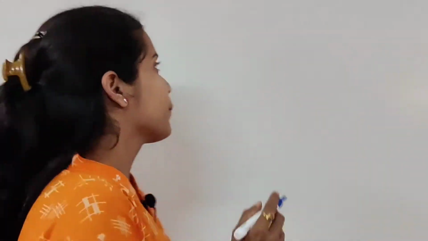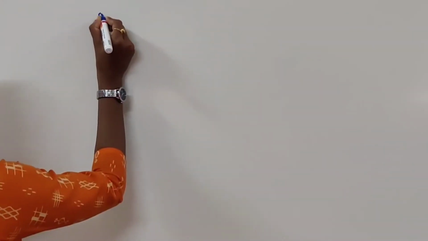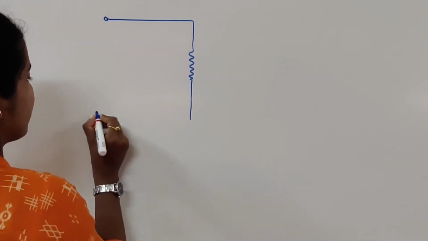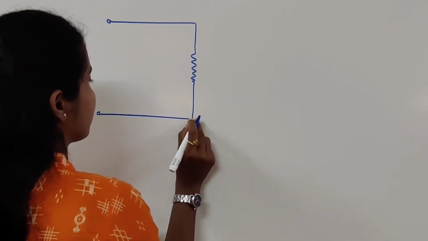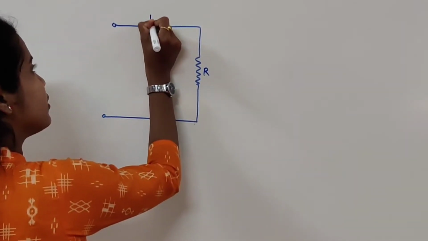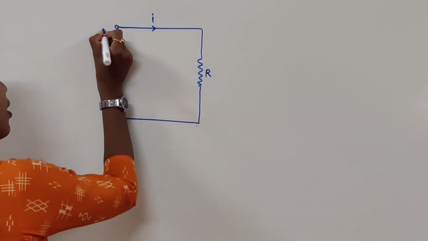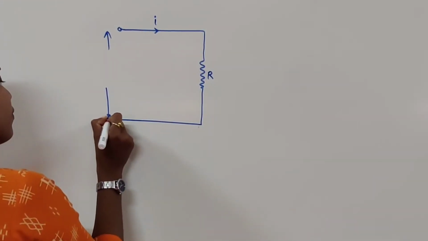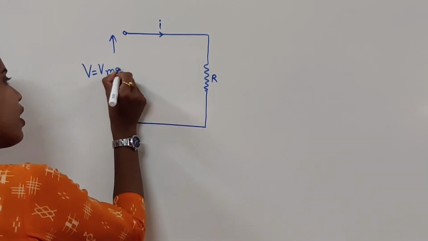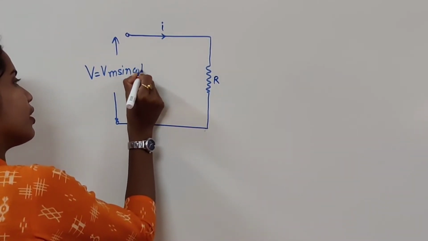Now we are going to learn about the purely resistive circuit. A purely resistive circuit contains only resistance. This is the circuit: resistor R, current flowing through this resistor I, and applied voltage is V. So V is equal to Vm sin omega t.